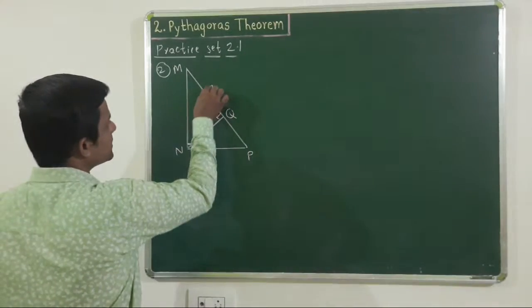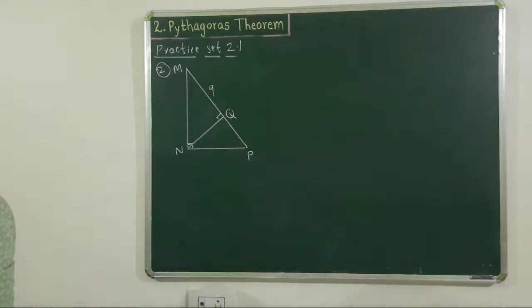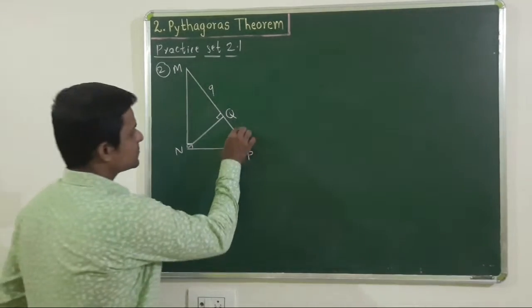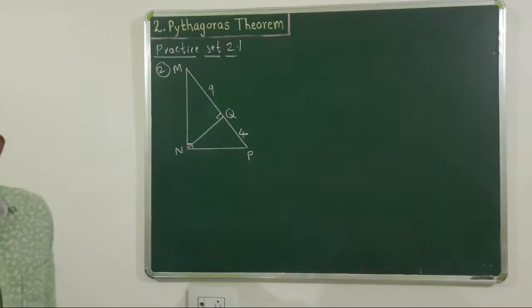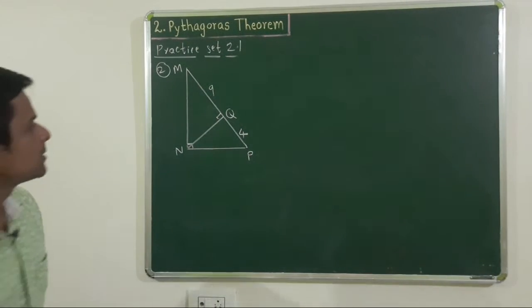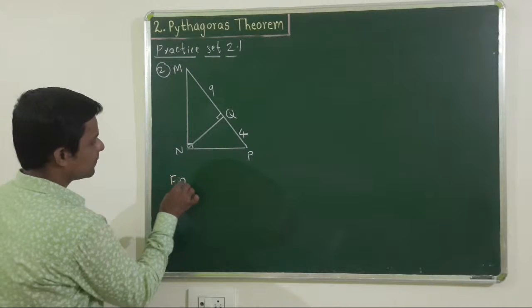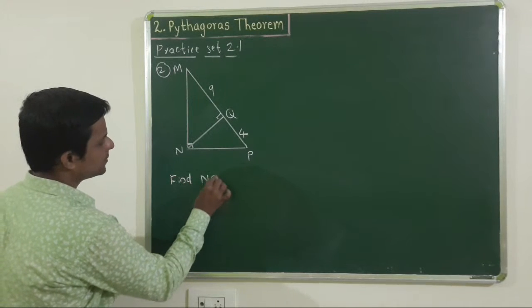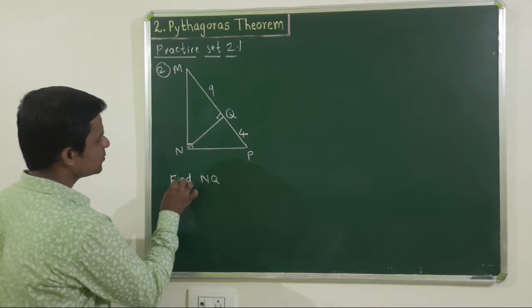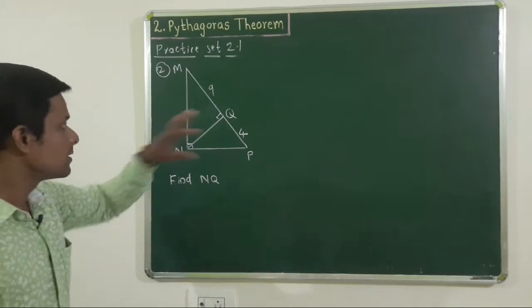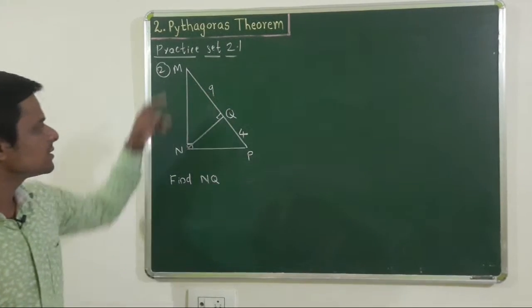MQ is given as 9. QP is given as 4. And find NQ. I am not going to write the question here again.